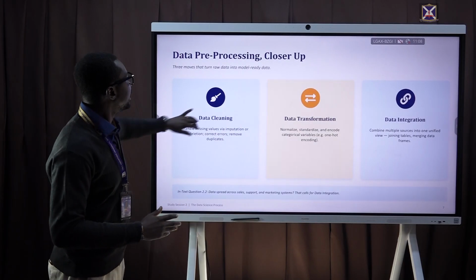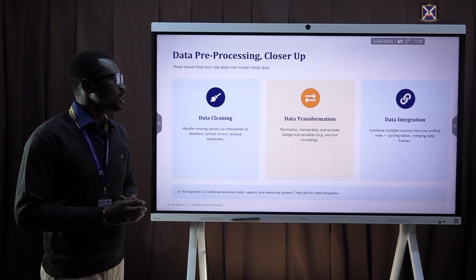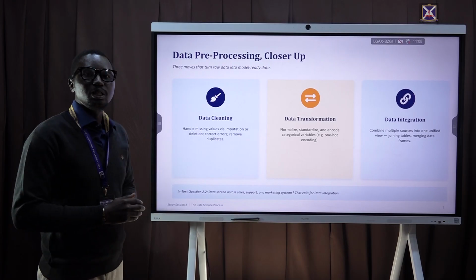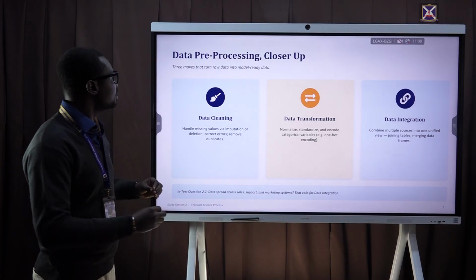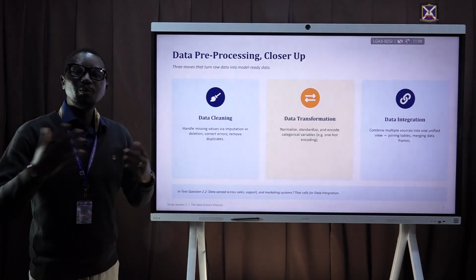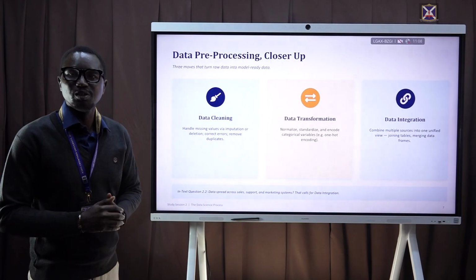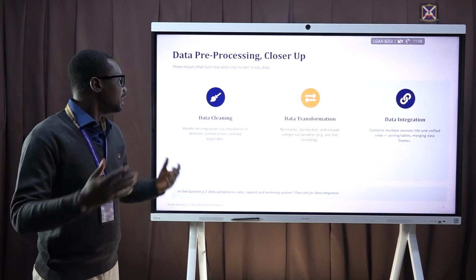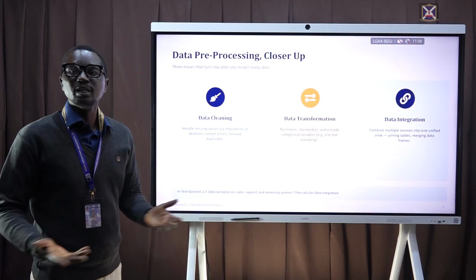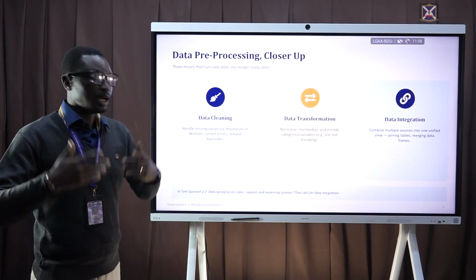Now, the next one, which is data preprocessing. With data preprocessing, you need to clean data. It has 3 steps as well. The first one is data cleaning. How do you handle missing values if you discover them in your data set? Then how do you remove duplicates, and how do you correct errors?